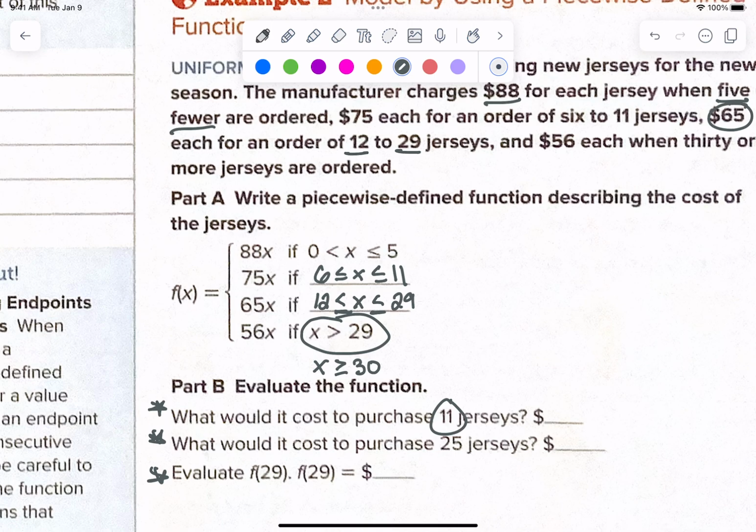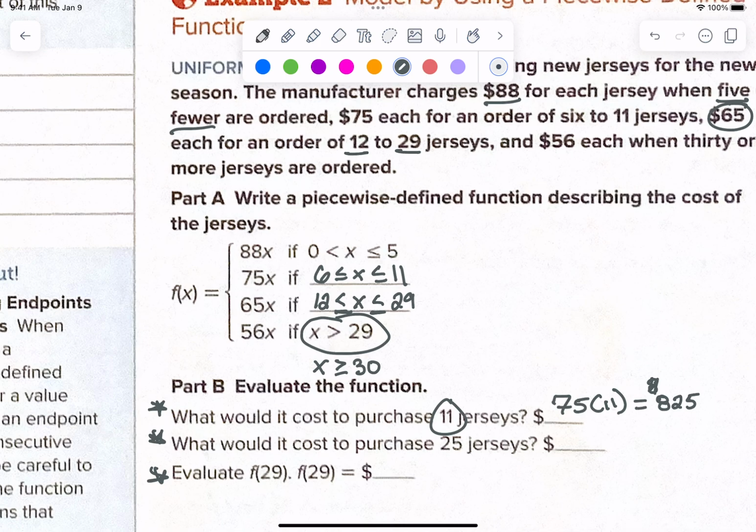So does that mean it's going to cost me $75 for 11 jerseys? No. 75 times 11. I'm going to plug 11 in for this X. So let's do 75 times 11. Does somebody have that number for me? 825? Thank you. Did you do that on your paper without a calculator? Good for you.